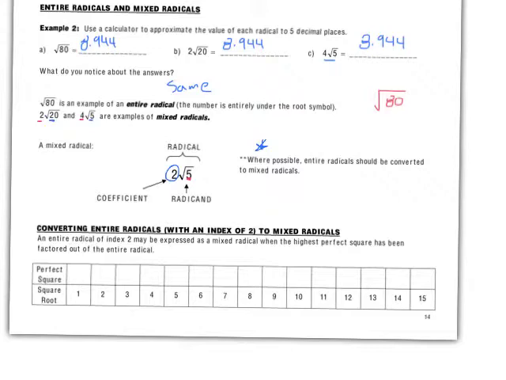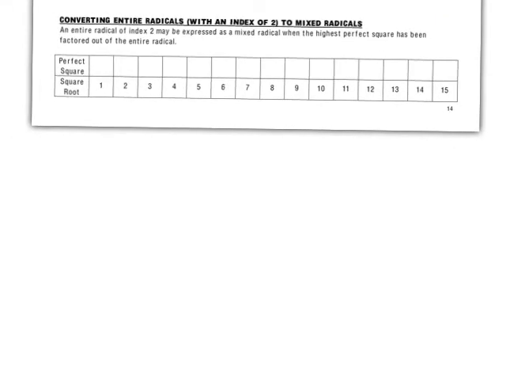Okay, let's move on. We've done this before here, filling out our perfect square table. So we can say that the square root of 1 is an entire radical, while the 1 part is a mixed radical.